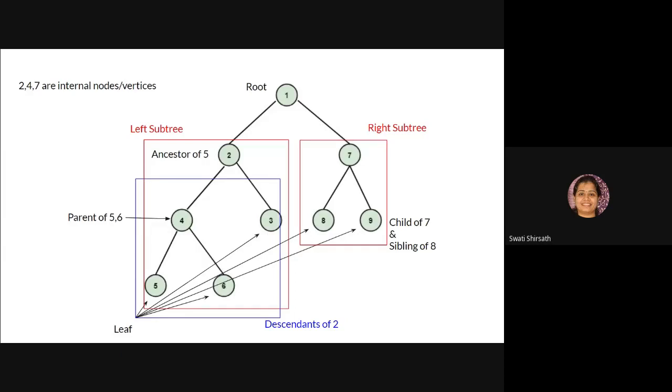Because there are questions on this, maybe for 3 to 4 marks, like find the children of 3, the parent of 4, the descendants of 2, the ancestors of 5 or 6, something like that. So for one mark, you can have these types of questions.